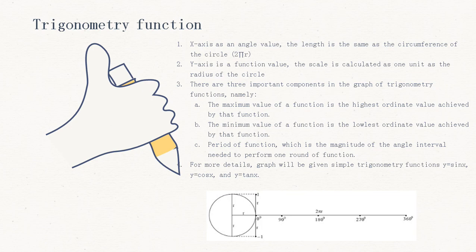The minimum value of a function is the lowest ordinate value achieved by that function. The period of a function is the magnitude of the angle interval needed to perform one round of the function. For more detail, we will give the simple trigonometry functions y equal sin x, y equal cos x, and y equal tan x.